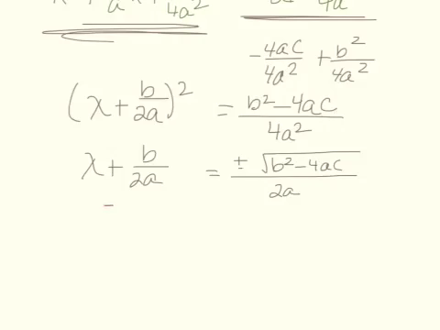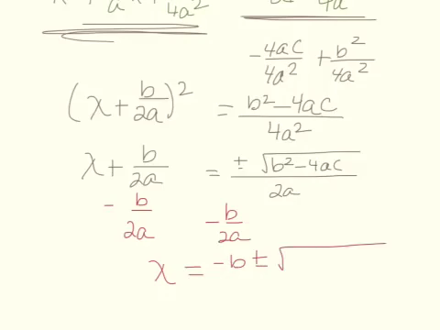You will then subtract b divided by 2a from both sides to complete the square and have a finale of x equals negative b plus or minus the square root of b squared minus 4ac all over 2a.